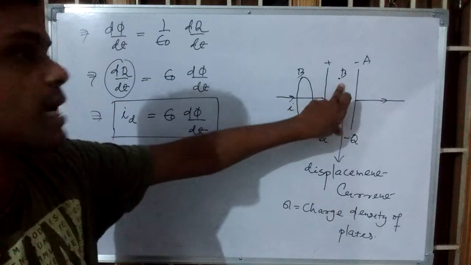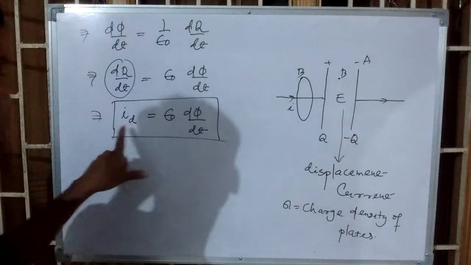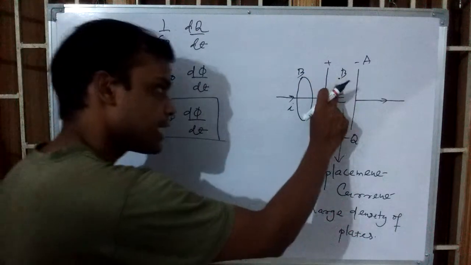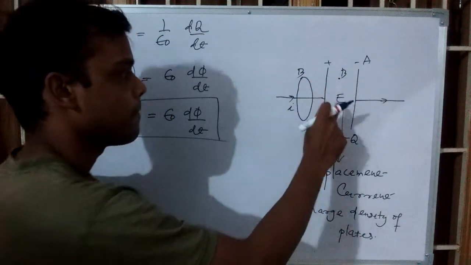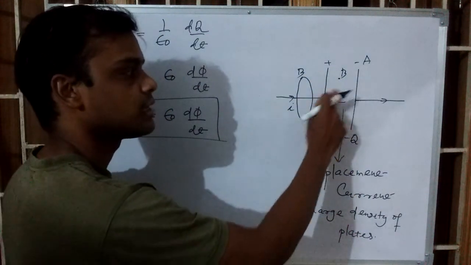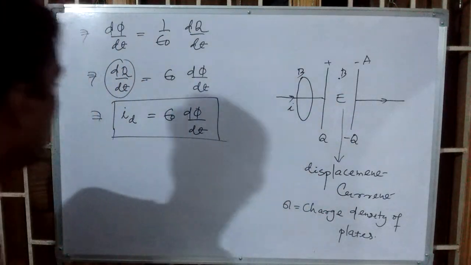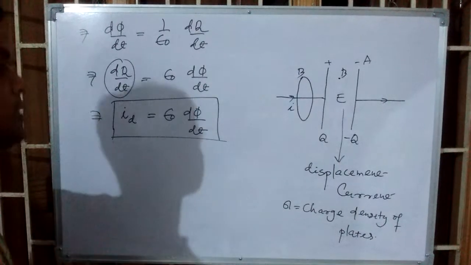Now we are getting a magnetic field here, which means this magnetic field is because of this current. That means we can say this magnetic field is produced by the changing electric field inside the capacitor. That's all. So this is the displacement current expression.